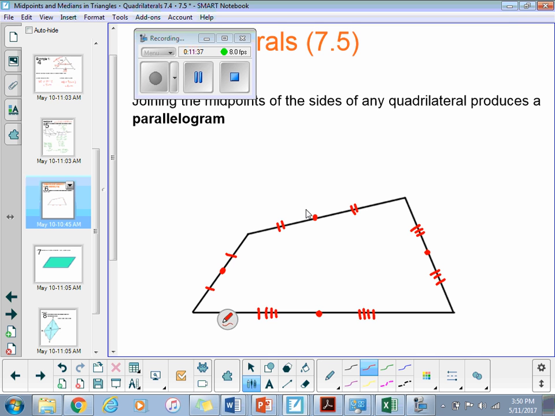Okay, and then once you were to join these midpoints, so I'm going to try to do that as best as I can. Okay, the shape that you produce as a result of joining those midpoints would also be a parallelogram, which means that the opposite sides are going to be parallel to each other.